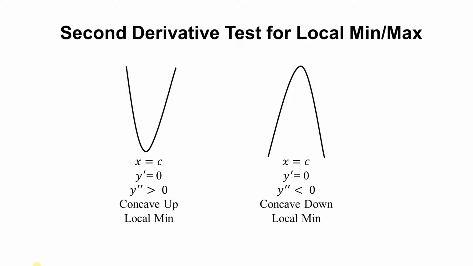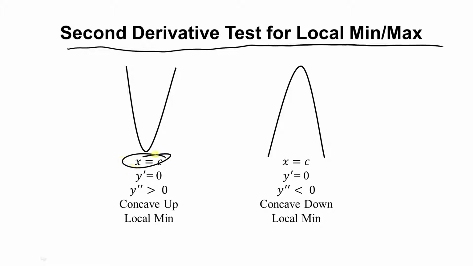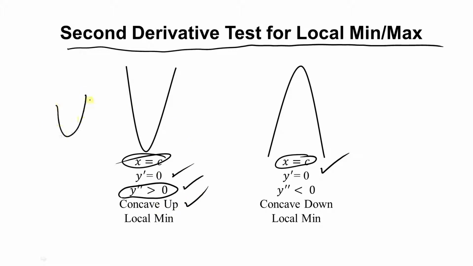Now, we're going to talk about a very simple second derivative test for local min and max at x equals c, where the derivative is equal to 0. If the second derivative is more than 0, it will be concave up and look like this, and predict that at that point x equals c, you'll have a local minimum.